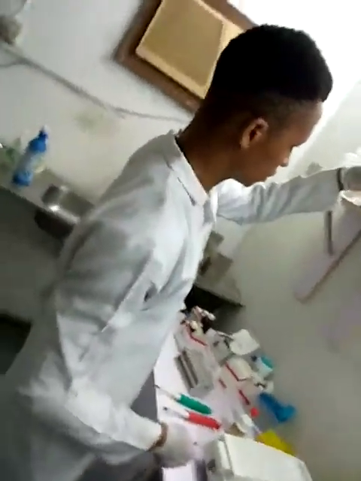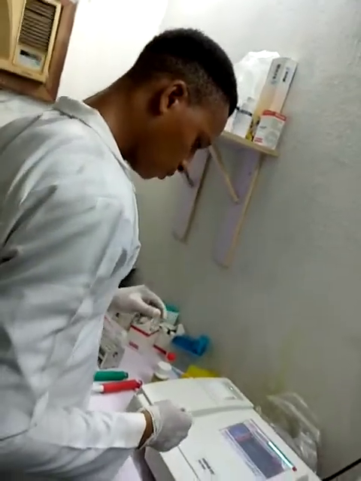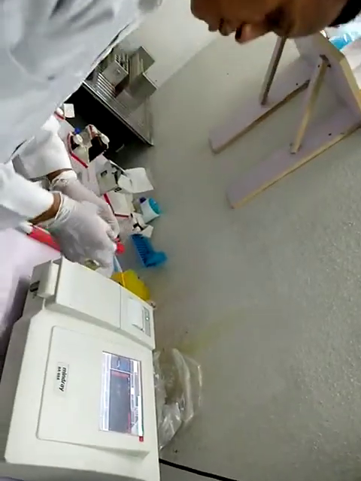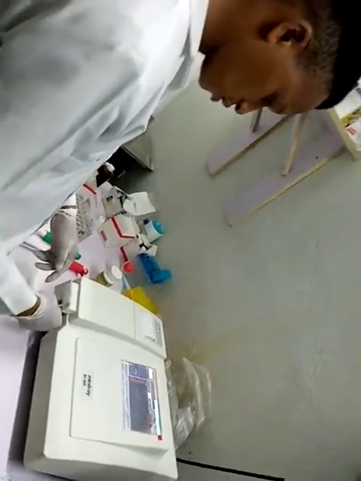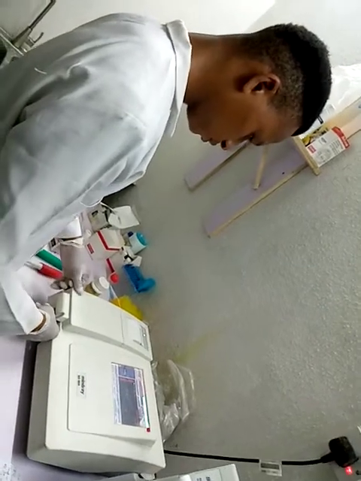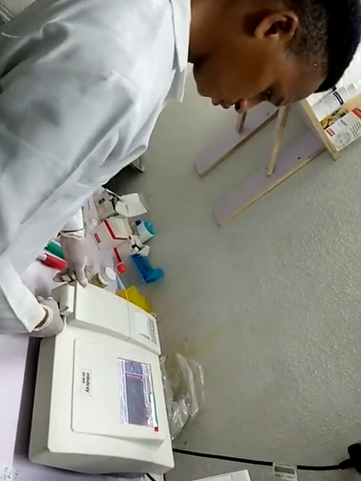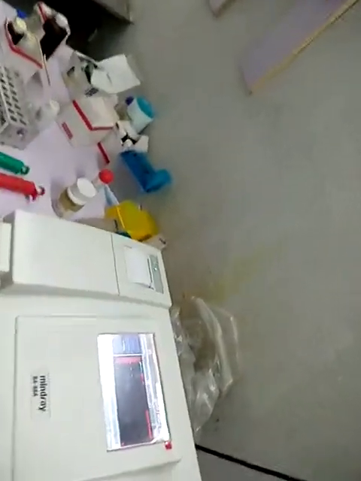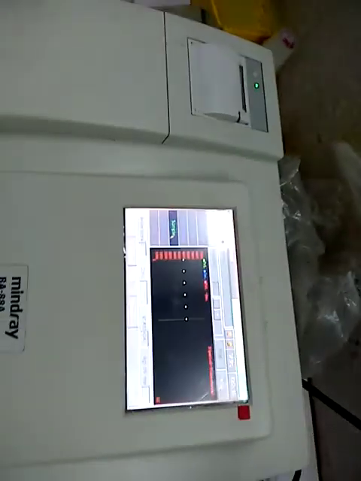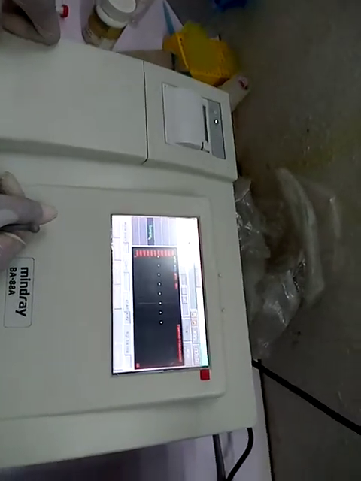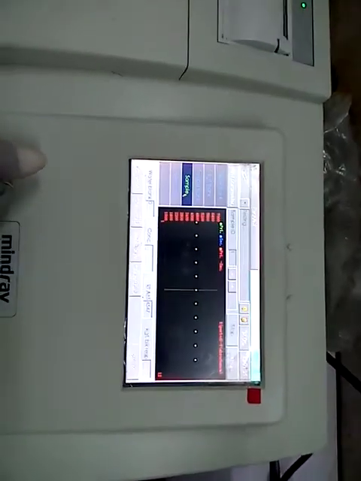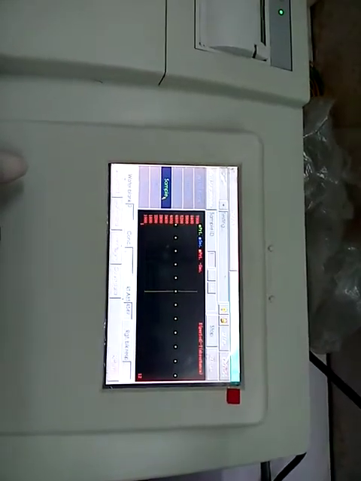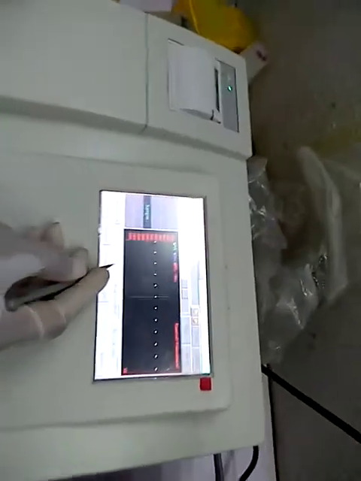My water blank is 0. I go to my sample and run my sample for bicarbonate. So my bicarbonate is 23.